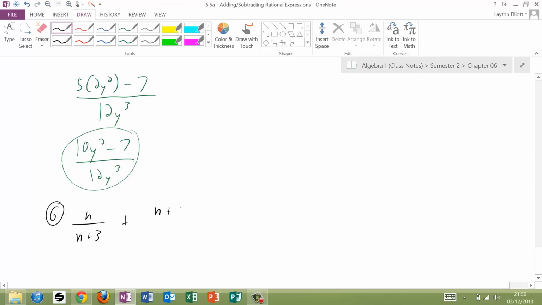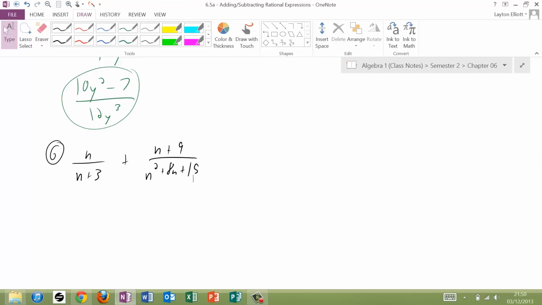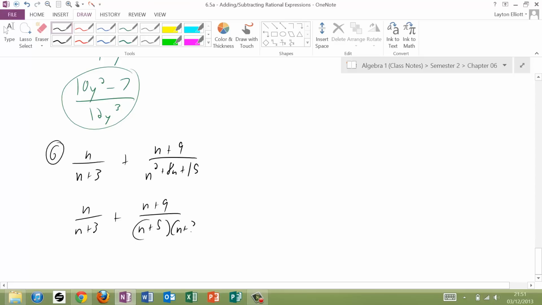plus n plus 9 over n squared plus 8n plus 15. If you see anything that you can factor, factor it. So I'm going to say the first one is n over n plus 3 plus n plus 9 over, I'm going to factor this, n plus 5 n plus 3. Now I can state an LCD of n plus 5 times n plus 3.